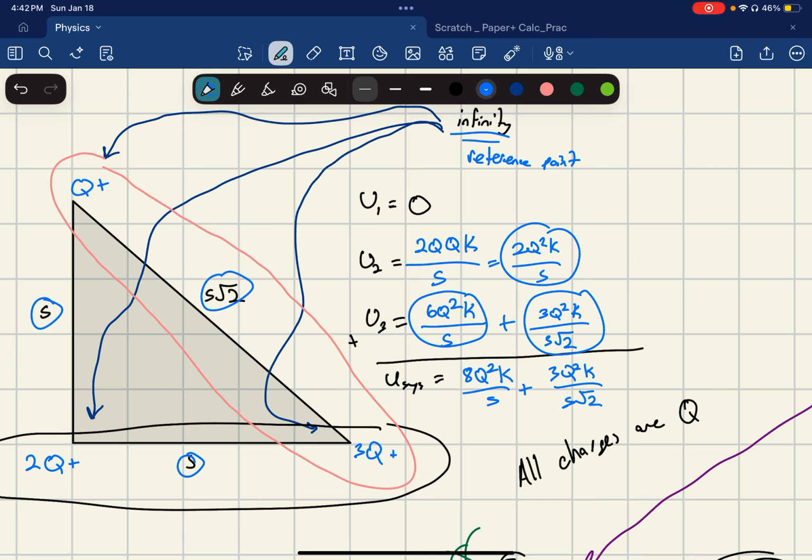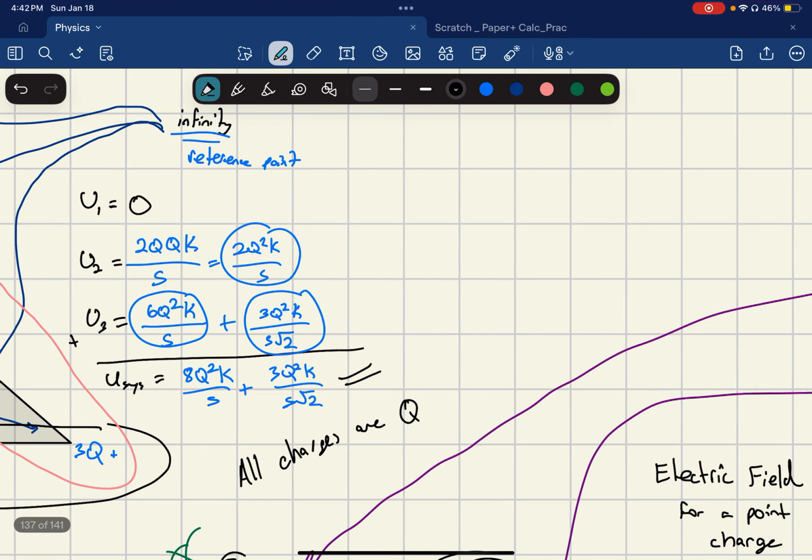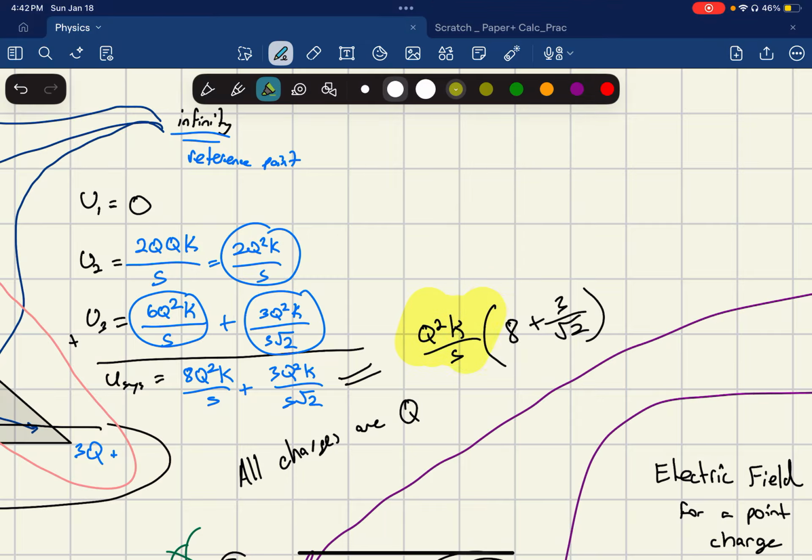And actually, we can take a lot of these things out to get one simple answer. So we have Q squared K over S times 8 plus 3 over root 2, which is your answer for the potential energy of this system.